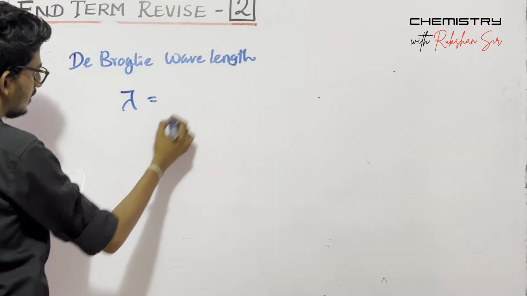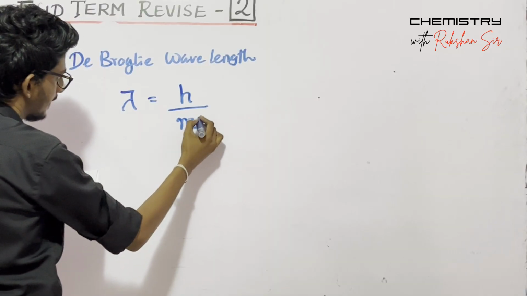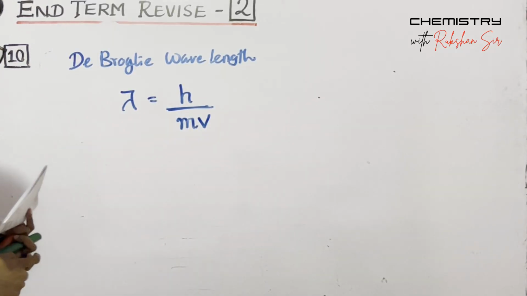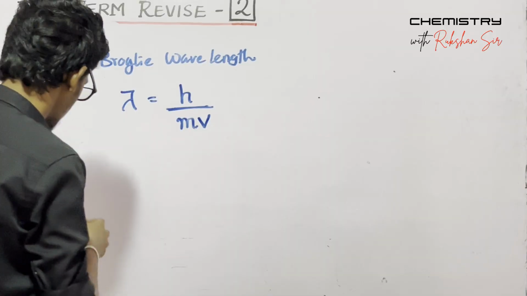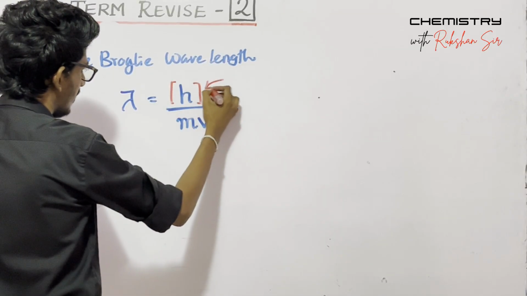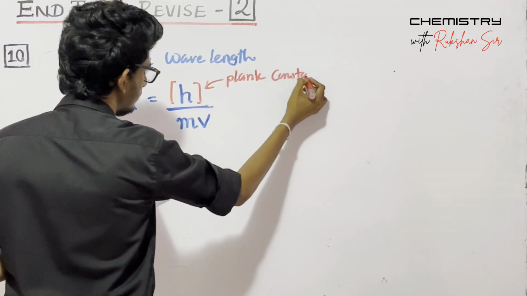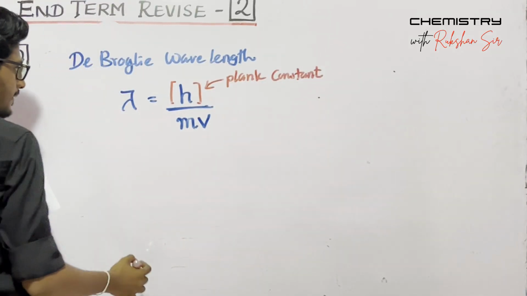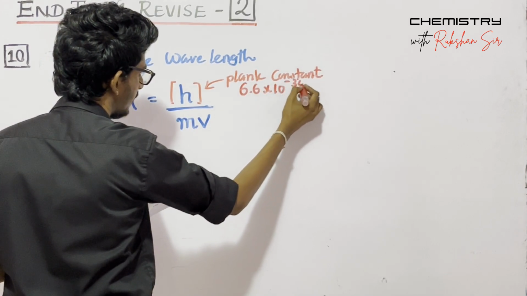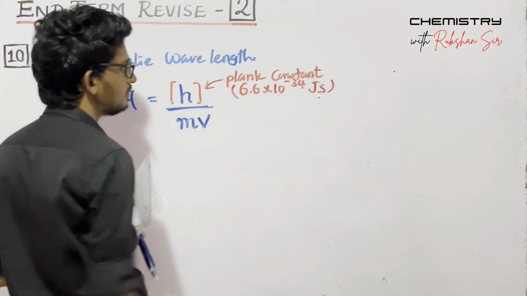Lambda is equal to the Planck constant divided by the momentum. Momentum is mv, mass times velocity, right? So the Planck constant is always a constant value, 6.6 times 10 to the power minus 34 joule seconds, right?